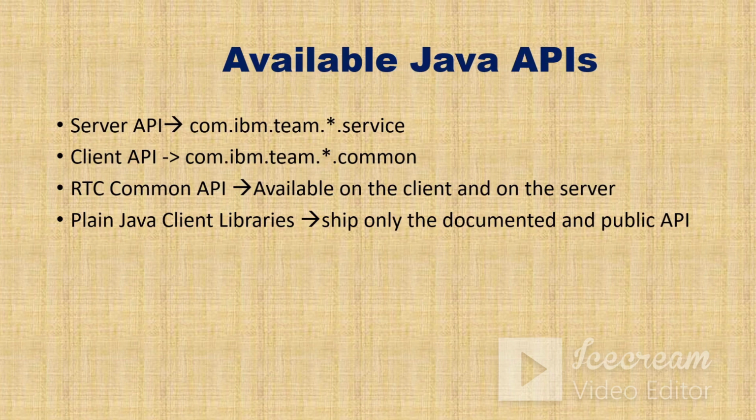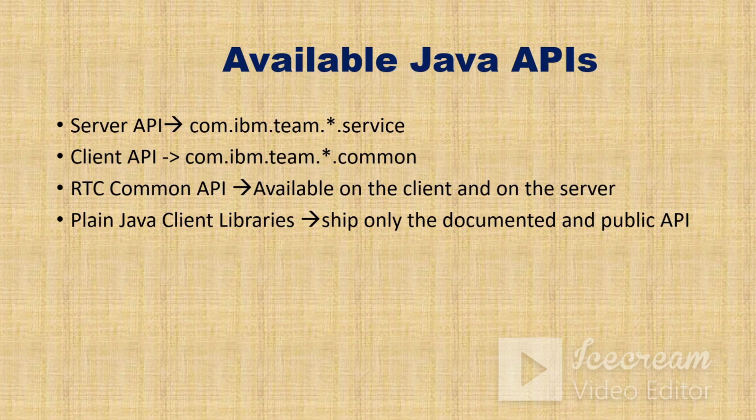The RTC client SDK also ships some internal classes and tests that you can use to find examples for the API usage. Plain Java client libraries. If you just want to run a small Java application to do some automation outside of the Eclipse client, you would need only the jar files for the API and some jar files that it depends upon.